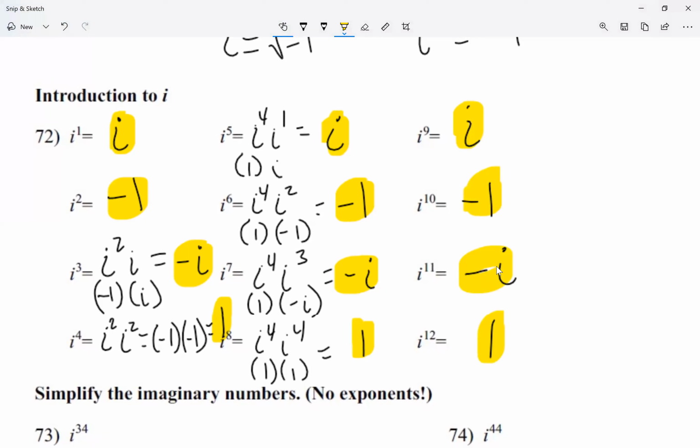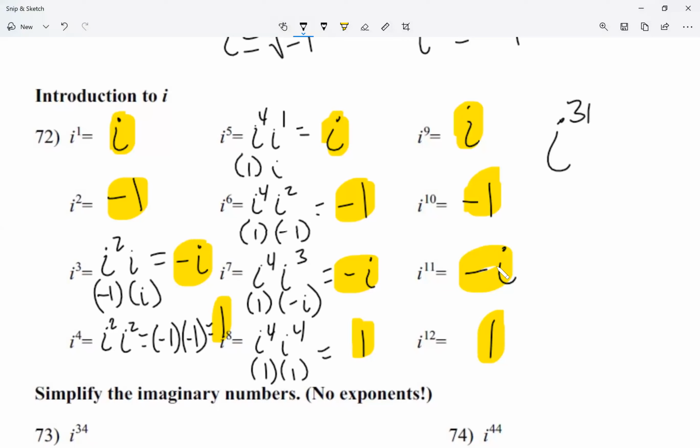To be honest, if I have an exponent, because what if I go something really crazy? What if I go i to the, let's say, 31? I'm not going to make this list all the way to 31.